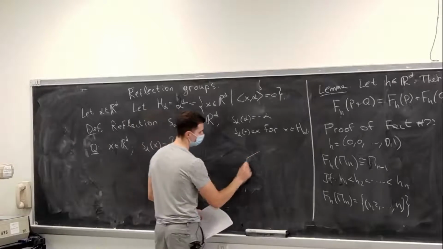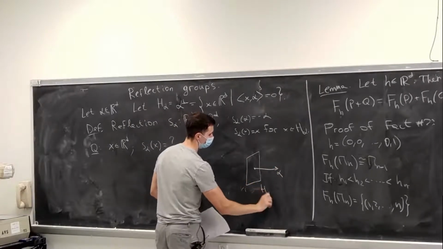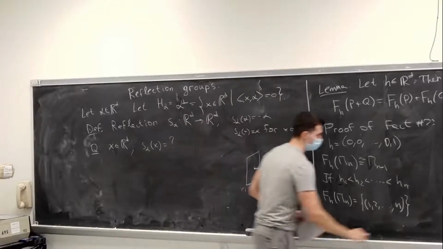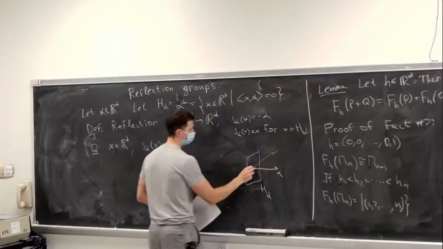Here's the picture: you have the hyperplane, you have alpha, and then you have some vector x. Then you try to reflect.